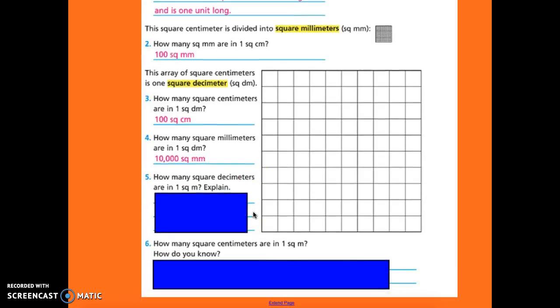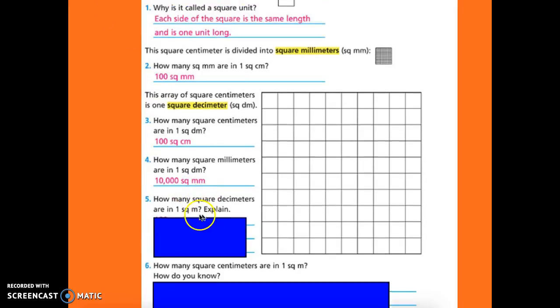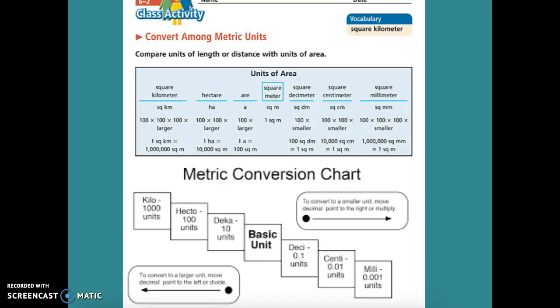Okay? How many square decimeters are in 1 square meter? All right, to figure this one out, we're going to jump ahead and look at a little chart here, because we're trying to figure out how many square decimeters are in 1 square meter. This should look familiar because we used this the other day. But we want to know how many square decimeters, not just decimeters, are in 1 meter.